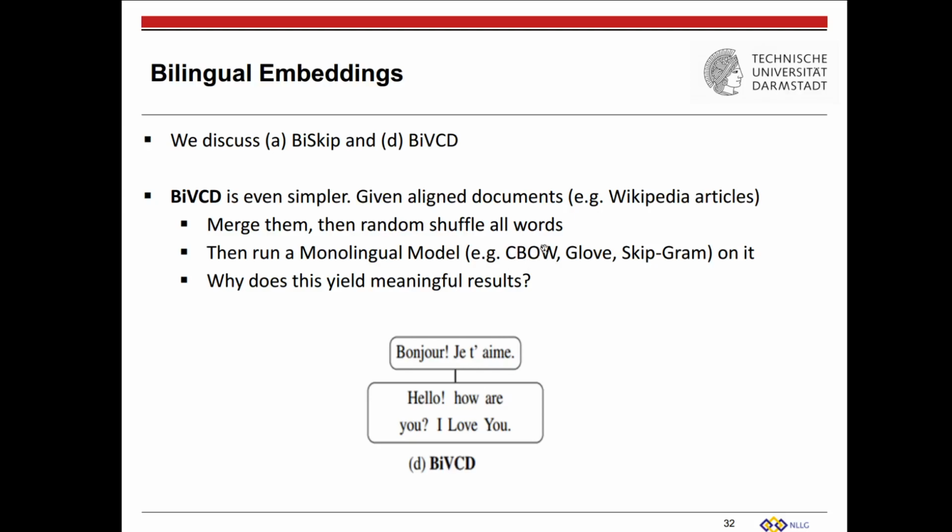So CBOW has no order, but also skipgram has no order, right? It just predicts the neighbors in any order. It doesn't matter which order they have. So at least all of these three models here are order insensitive. So it just means we would take a standard Word2Vec model with a big window size, and run it on our sentences.